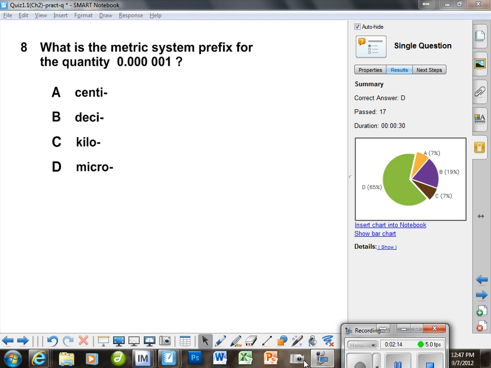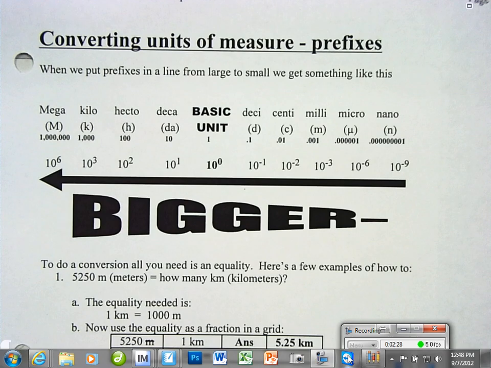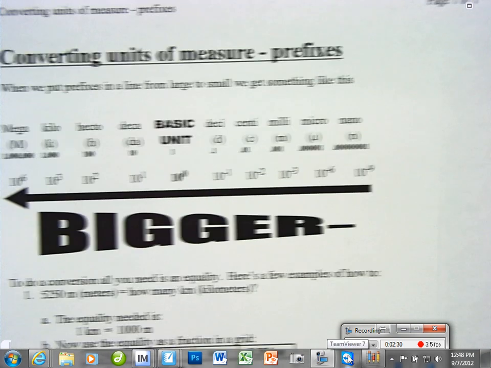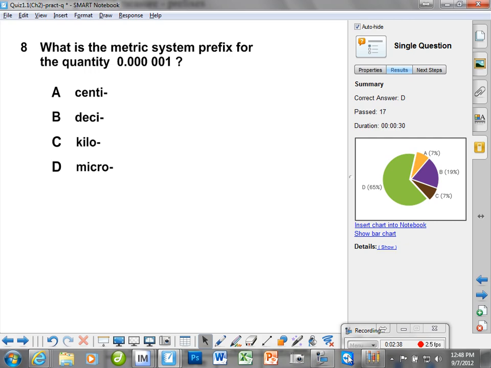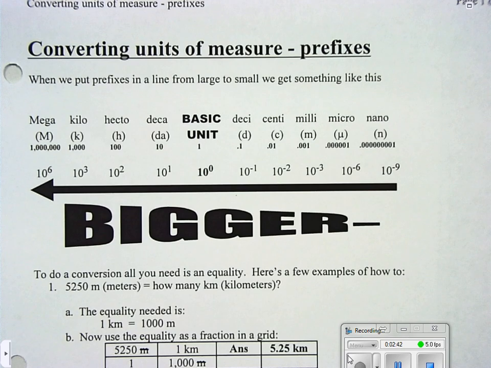So we're good there. Now I'd like to take you over and take a look at the sheet that you all have that would have been a big help for you. And if you don't know this stuff, you might want to put these prefixes on your help sheet. So if you have this little sheet, it would make it extremely easy for you to get this answer correct. Because on the question itself, you're looking at 5 zeros, that's 10 to the minus 6th.